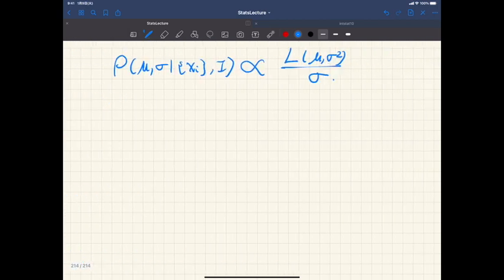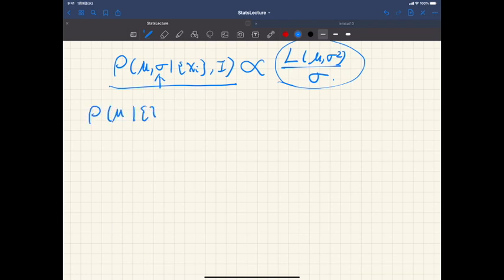You may wonder what happens to the proportionality constant, but that can be determined later. All we need to know at this point is that this posterior probability is proportional to this quantity. But we want to get rid of this sigma, and this can be done by integrating out over sigma.